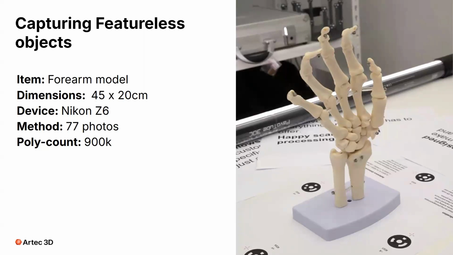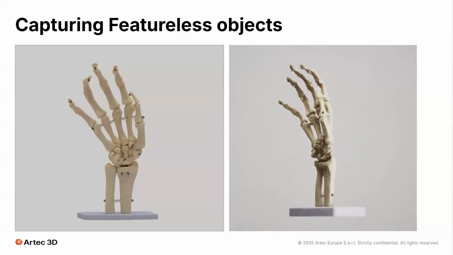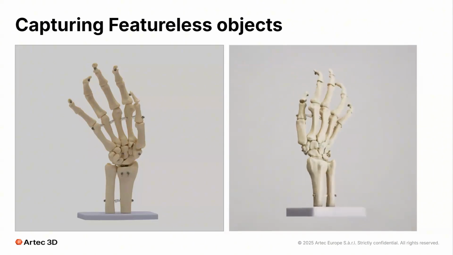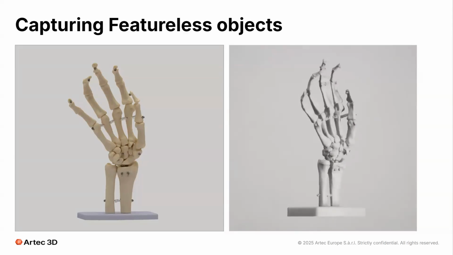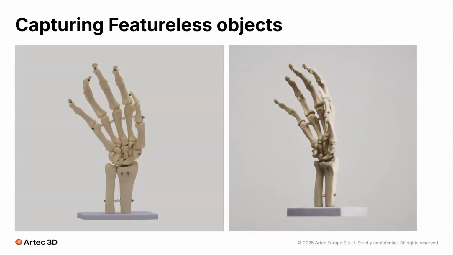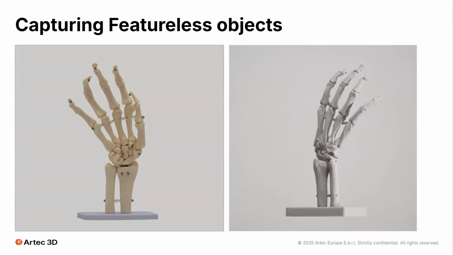So here is an example of a skeleton hand that I've scanned with a Nikon Z6 camera, just 77 photos, and I was able to receive a really nice result. So you could see that all the bones are defined greatly. We can see very good transitions between different shapes.